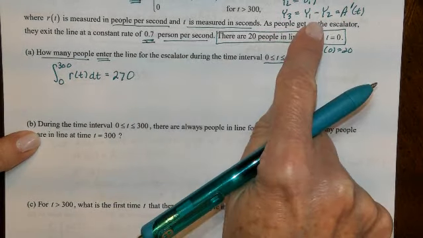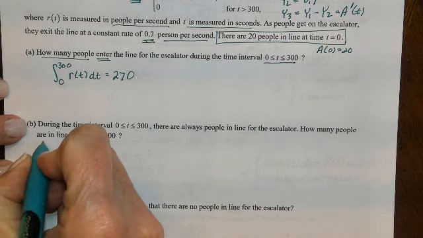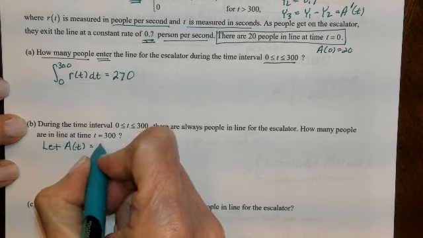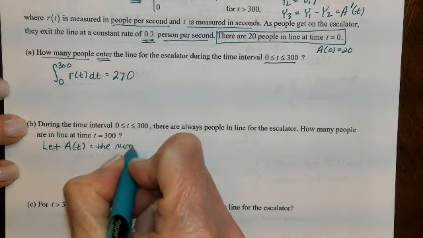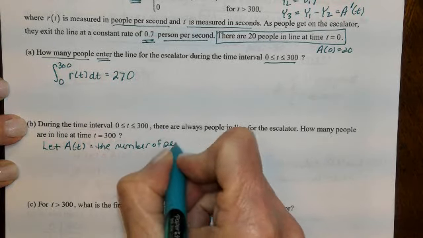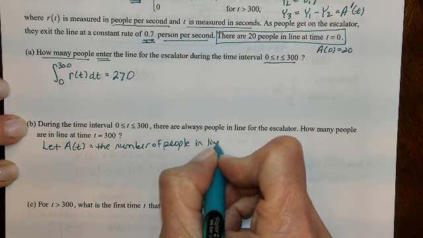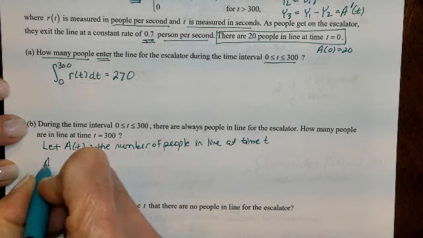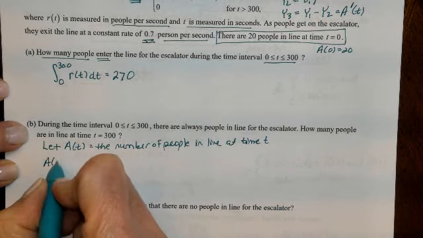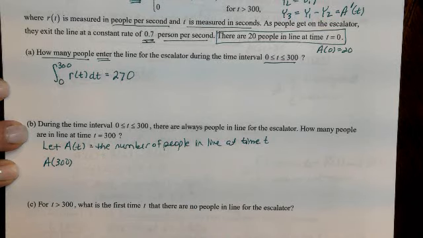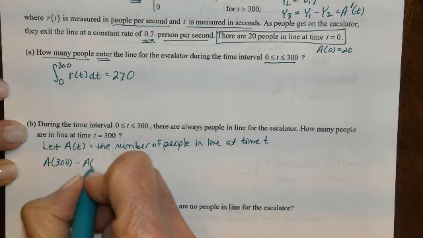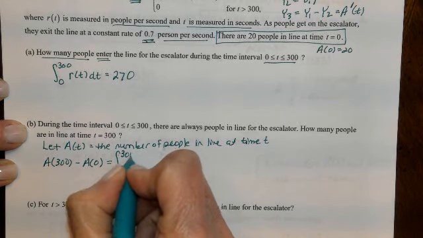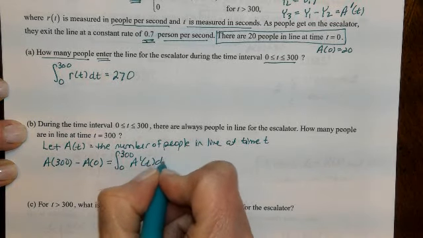I know the rate. So first of all, I need to tell AP what this A means. So I'm going to say let A of t be the number of people in line at time t. Then fundamental theorem, so A at 300, the amount of people in line at time 300, minus the amount of people in line at time 0, must be the integral from 0 to 300 of A prime of t.